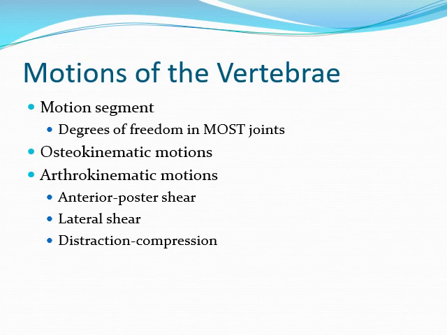If you don't remember what a shear force is, go back and look in the first chapter. But anterior posterior shear is obviously going in an anterior posterior direction. Lateral shear is going laterally through the spine. And then distraction and compression. Distraction is essentially just pulling the vertebrae apart. Compression is pushing the vertebrae together. Okay, those are your arthrokinematic motions.